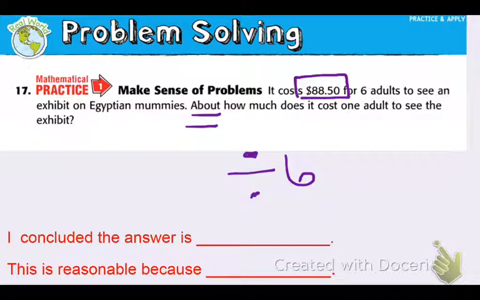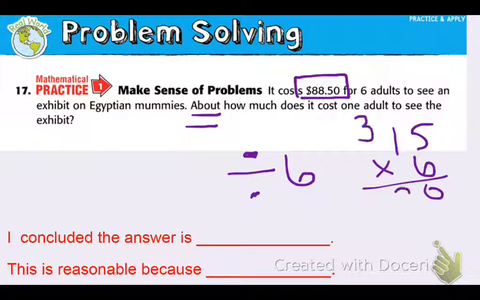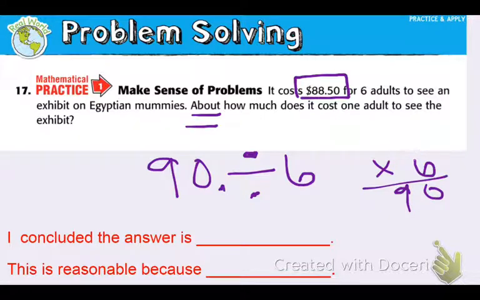Okay, $88.50. Well, I'm going to go ahead and choose, 10 times 6 is 60, right? No, not close enough. 11 times 6 is 66. I think I can get a little bit closer. What's 15 times 6? 90. Well, I think 90 is probably pretty close to $88.50.